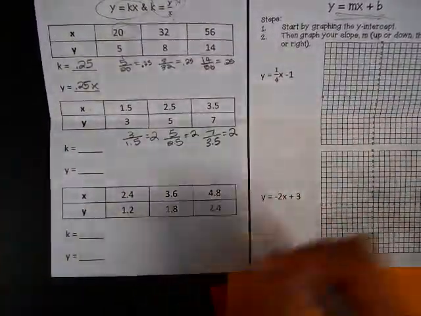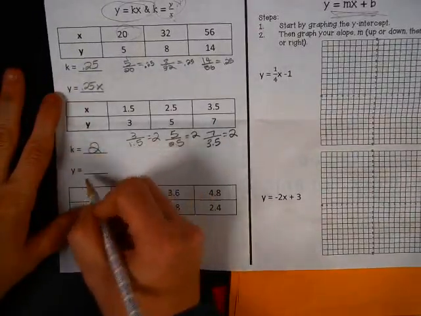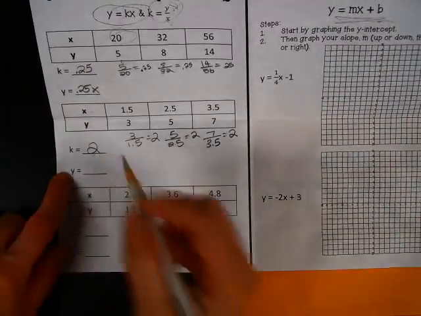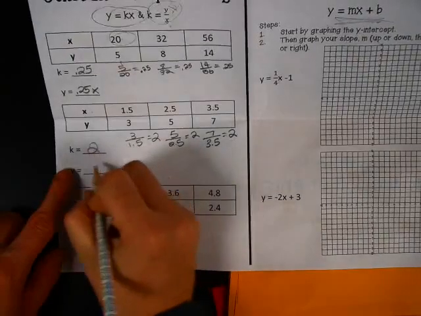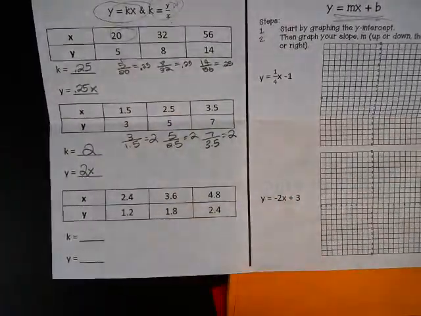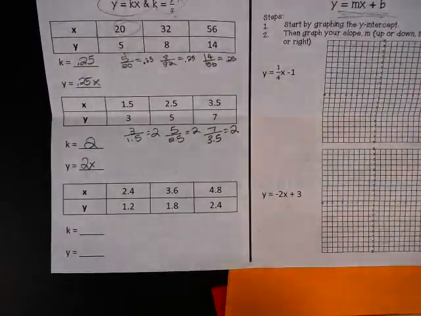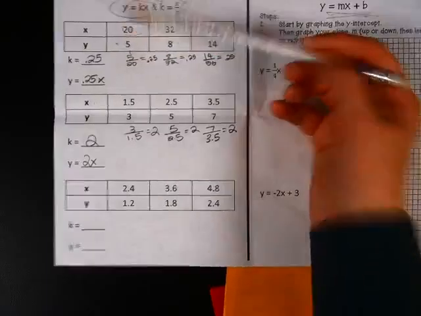I'm doing it fast because I don't want your video to be too long. So k is 2, and so it would be 2x. And again, you can double check. But that's all the work there is for constant of proportionality. It's simply your y divided by your x.